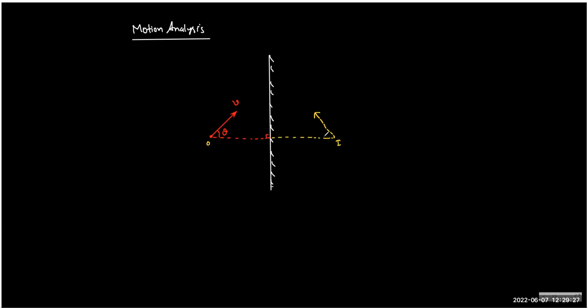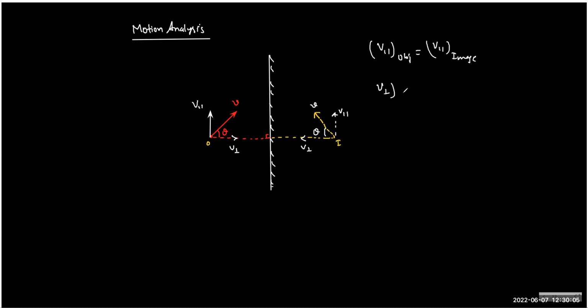The other way of thinking is that the component parallel to the plane will remain unchanged, and the component normal to the plane will be reversed. So if this is the v perpendicular, this will be in the reverse direction, but v parallel will be unaffected. So v parallel for object is v parallel for image.